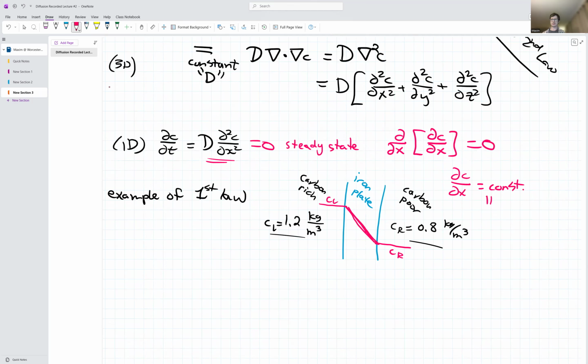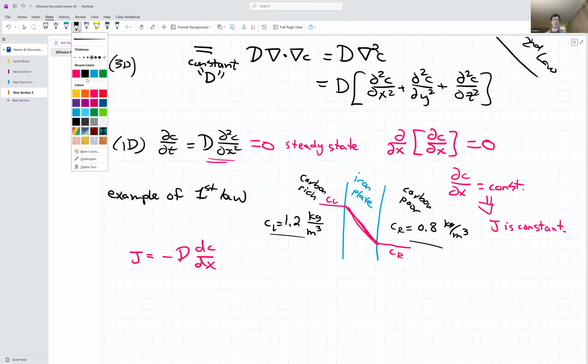So J is constant. So let's figure out what this J is. J is negative the diffusion coefficient times dC/dx, which is the slope. So we need some more numbers. We need the thickness of the plate.